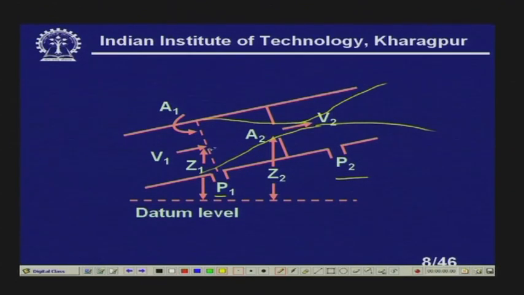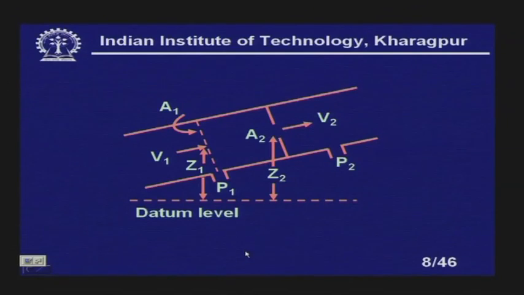Z1 and Z2 are the heights of the central point of the cross section of the pipe, at the point of measurement of upstream pressure as well as at the orifice plate, right. So, we are calling them Z1 and Z2. Let us go back.